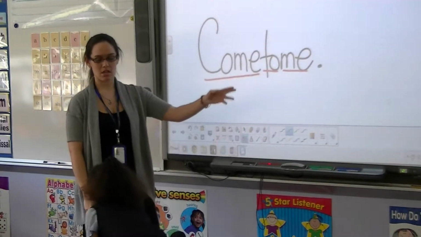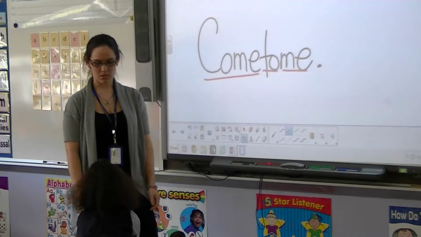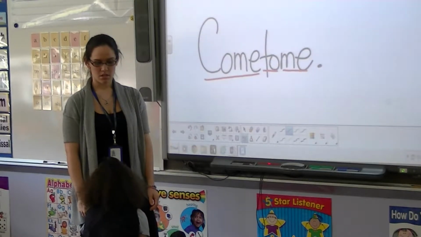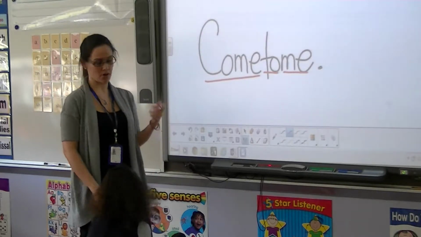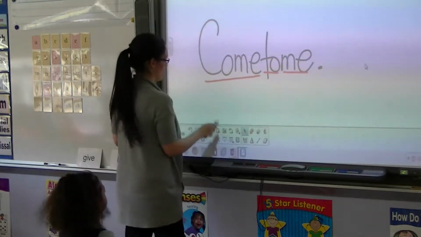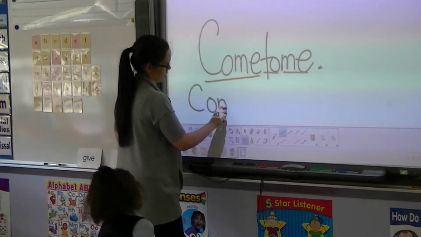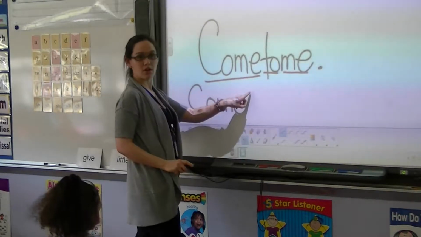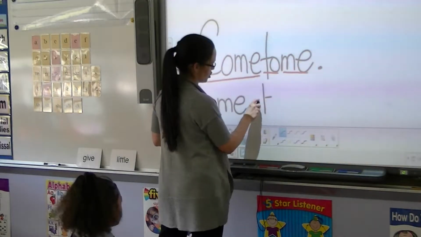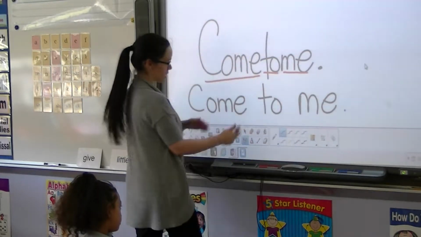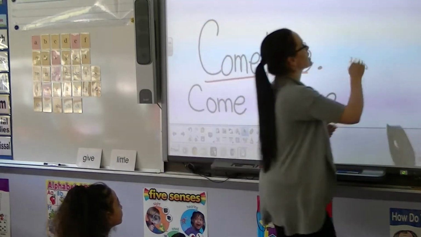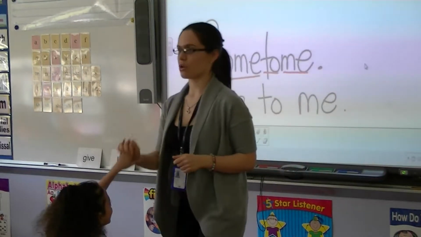But what do I need in between the words? I tell you all the time. Word spacer. Yeah, you can use your word spacer or your finger. Okay, use my finger or word spacer. Okay, and now we have spaces. Good job. Okay, next activity. Good job. High five. You did great with your editing.